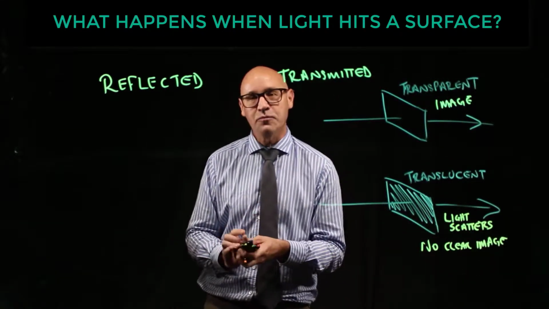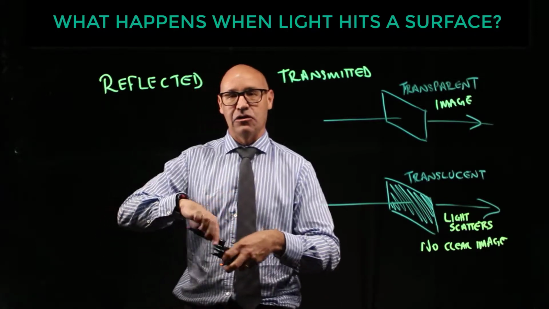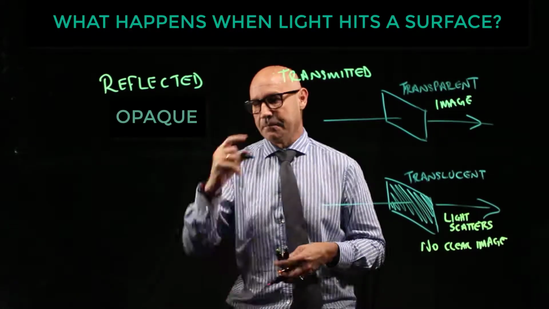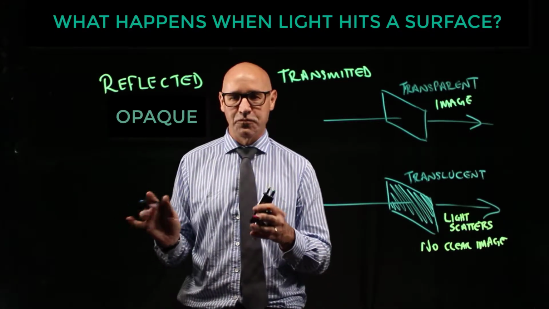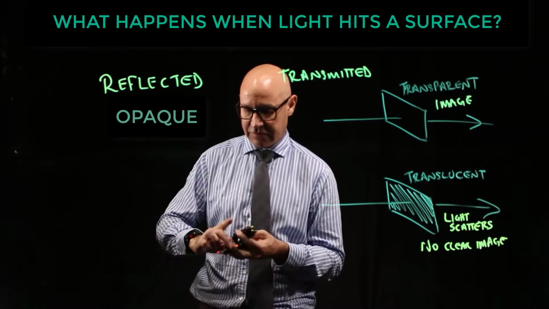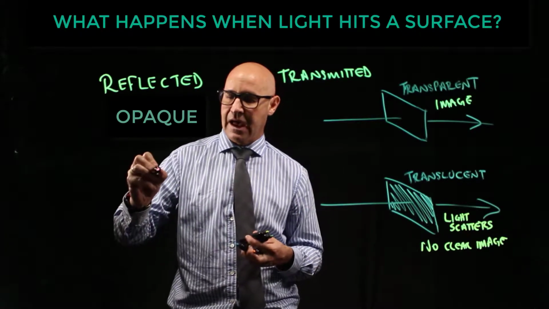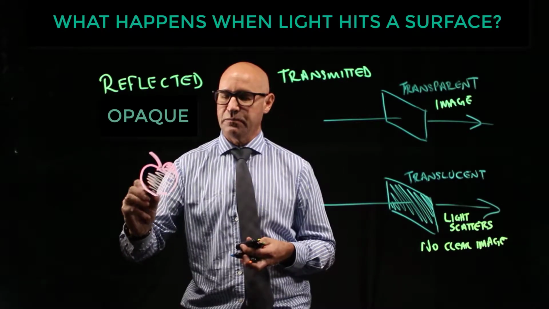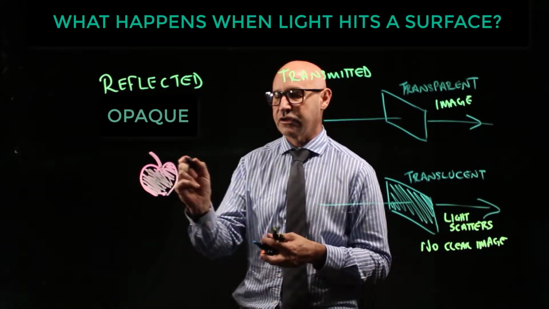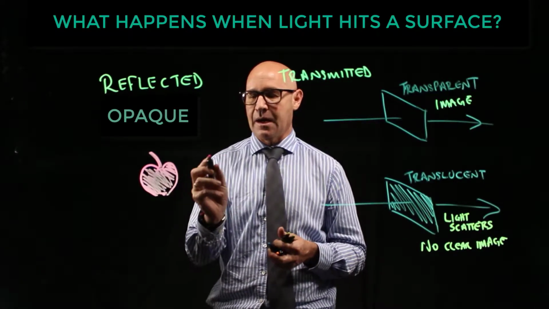Now, an object that doesn't allow light to go through is called opaque. And an opaque object can do one of two things. So let's say we've got an apple here. The reason we can see this apple is because the light actually reflects off the apple.